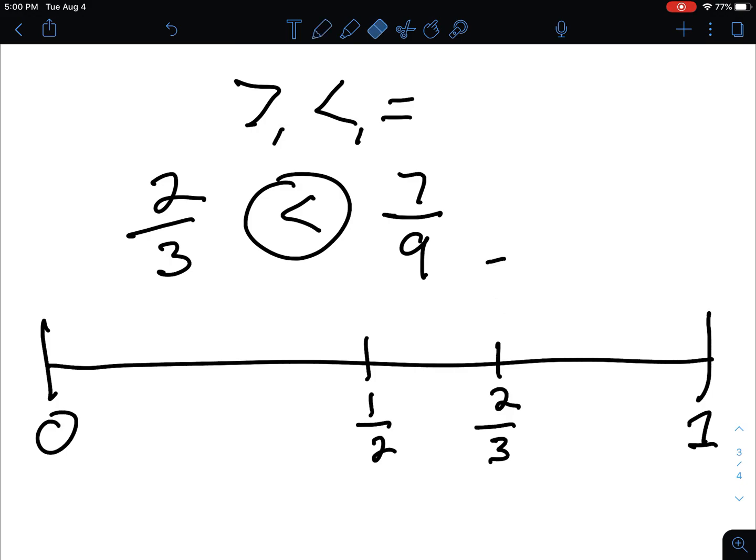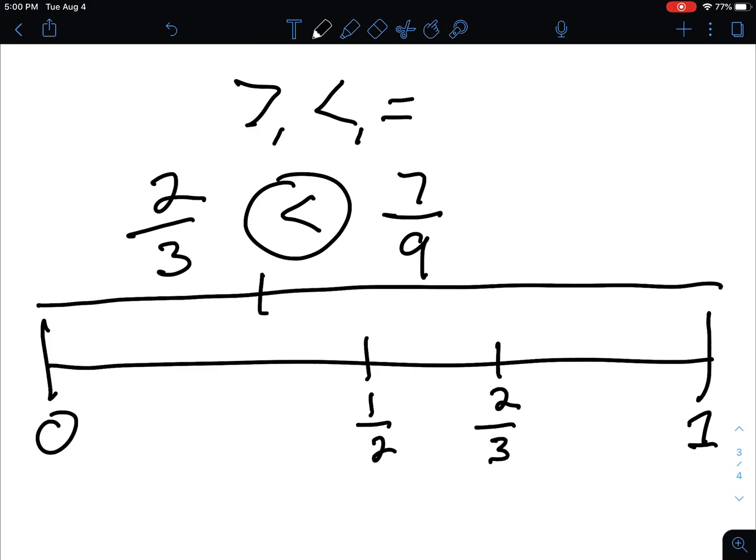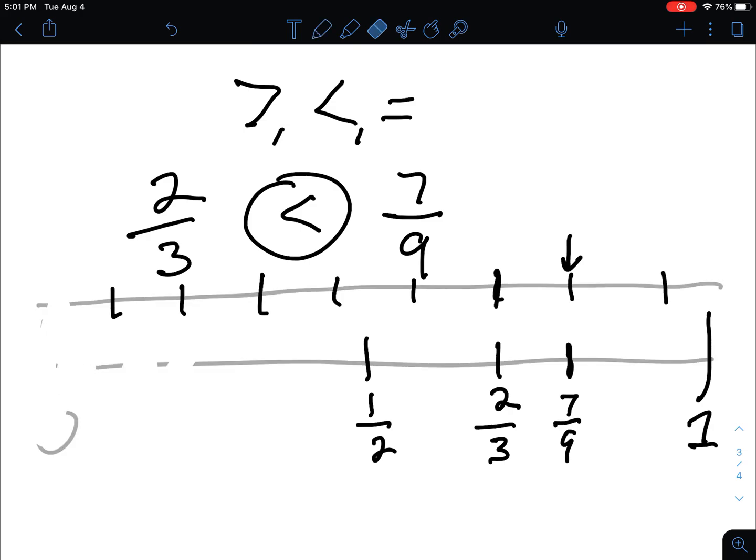And then 7/9, so 2/3 was here, so 9ths, instead of 3 sections I want 9, so each of these has to be divided into 3. So 7/9 would be here, so you can see that 7/9 is slightly bigger than 2/3.